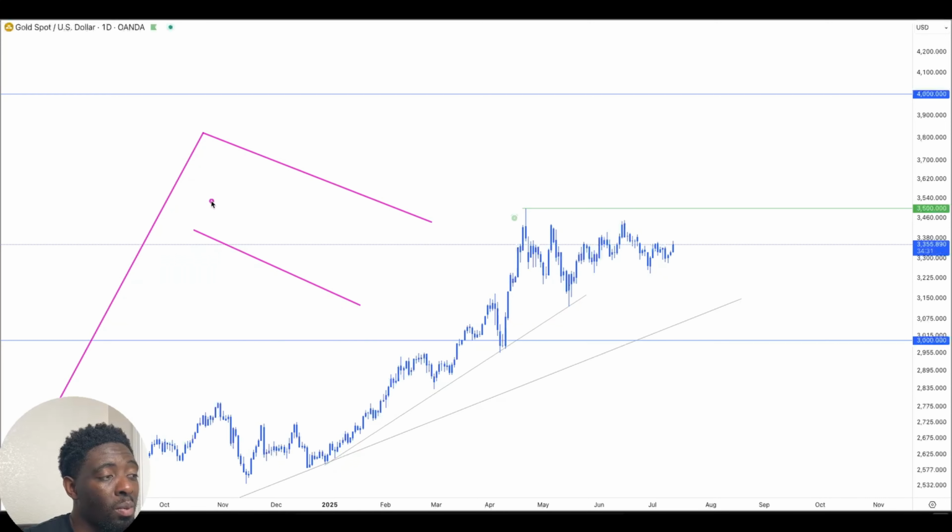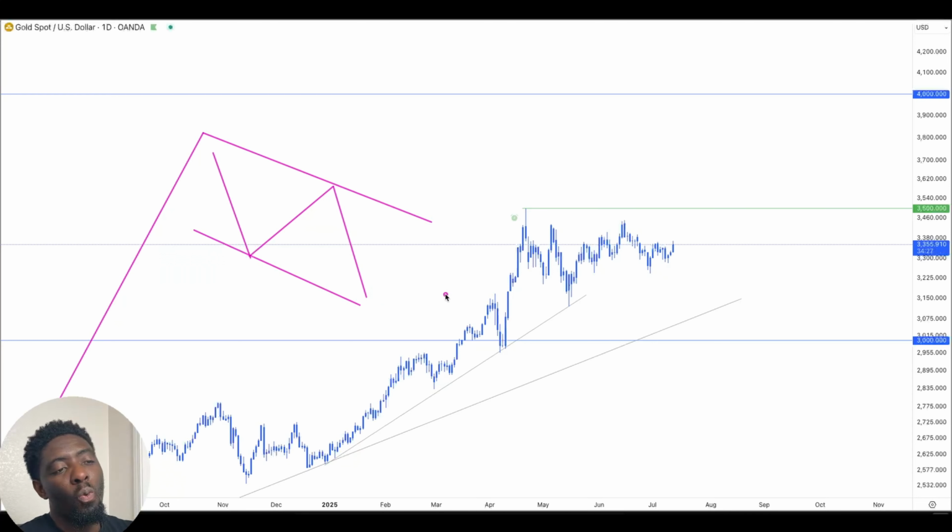The DXY is currently geared to move to the upside to an area like this. When you look at gold on the other hand, we're coming off of this impulsive move right here.